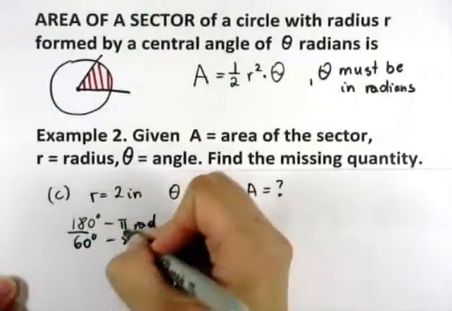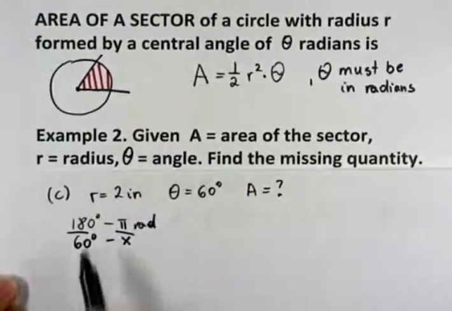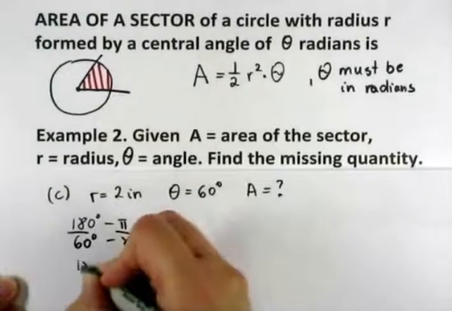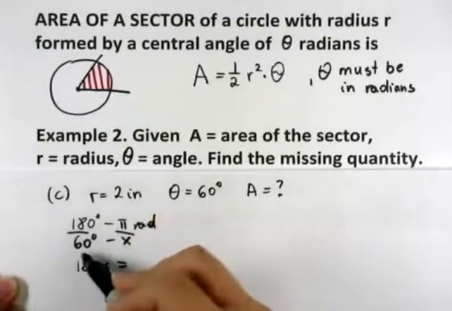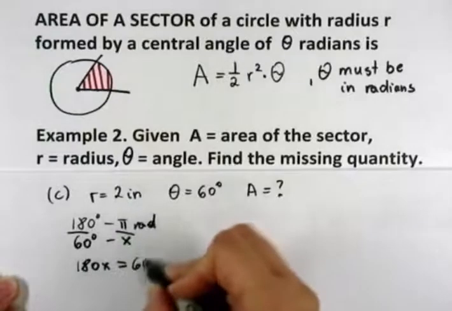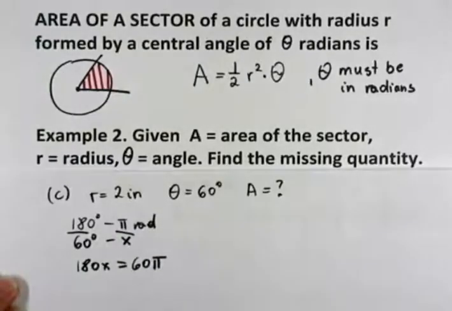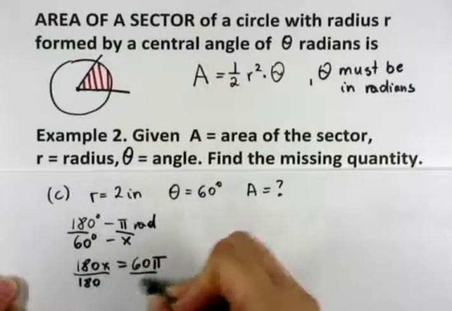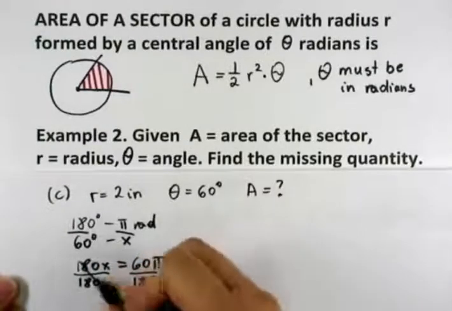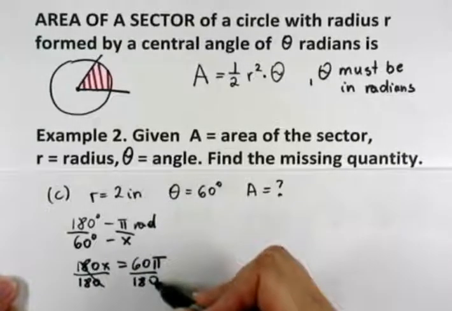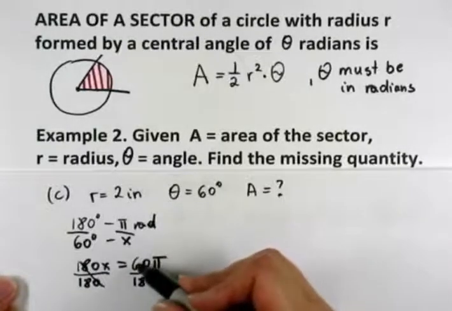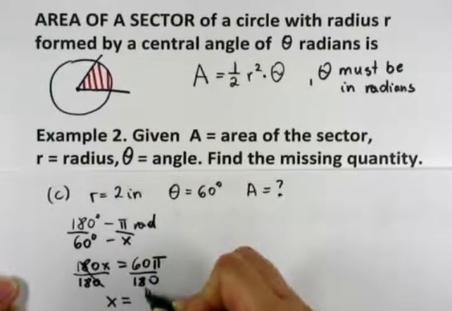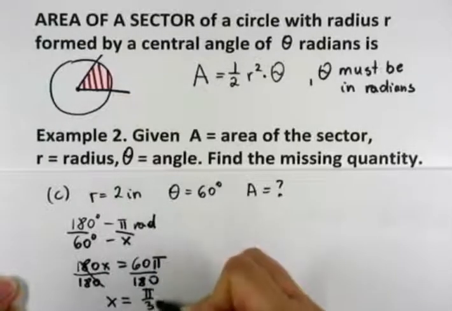So use the proportion. We can cross multiply. 180 times x is 180x. 60 times pi is 60 pi. Divide by 180. So 0, 0 reduces, and divide by 6. So I have that x is equal to pi over 3 radians.